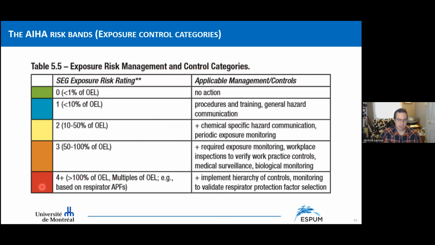You see that category 4 is when the 95th percentile is above the OEL. This is where you need to implement controls. And below that, these are situations where the 95th percentile is below the OEL, but there's a progressive decrease in the severity of the recommended management actions when we get to lower exposure levels.